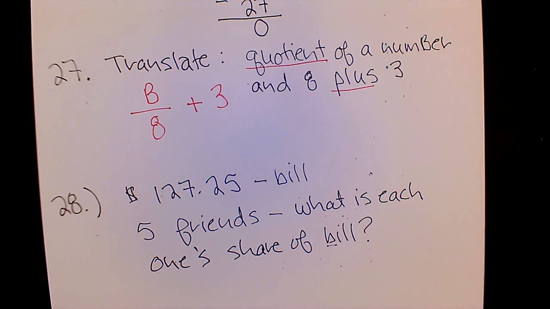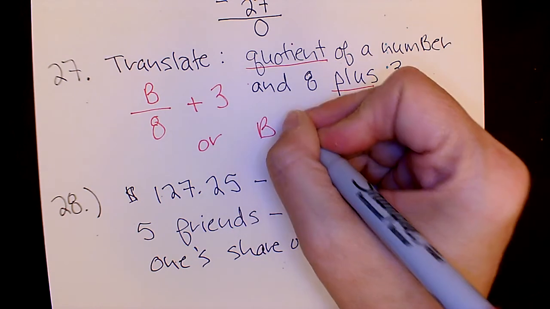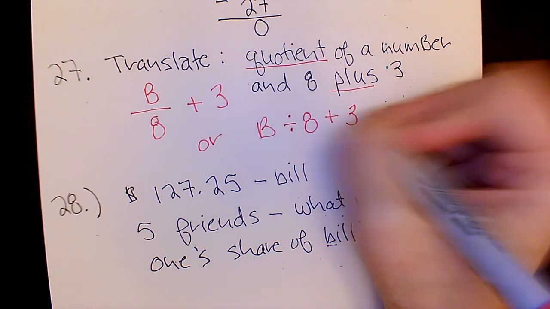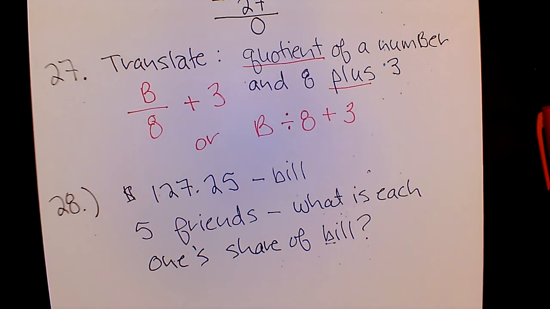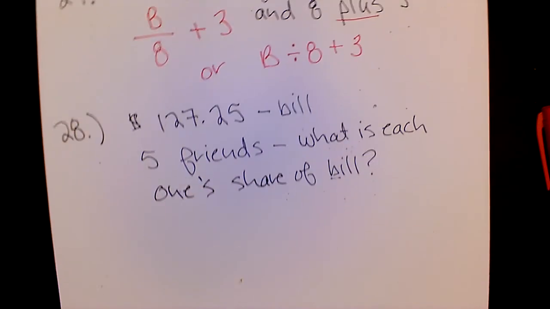You don't have to use B. Or you can write it horizontally like that, if that's easier or better for you. And that's it. We're just translating it into math.